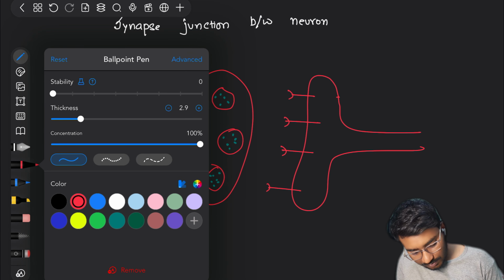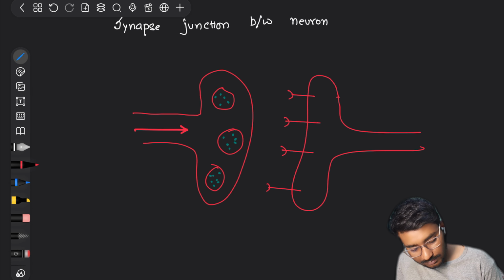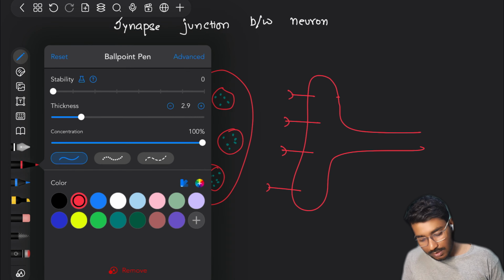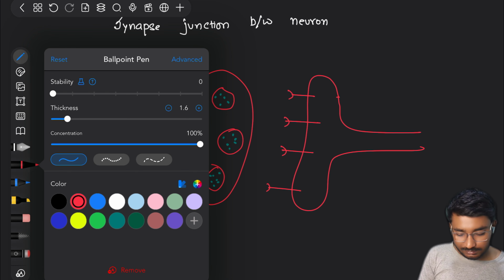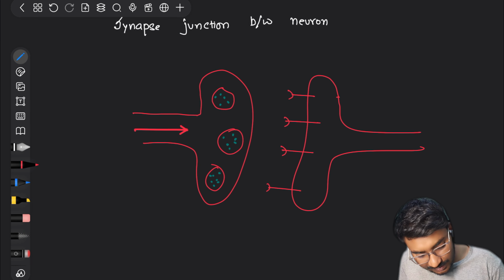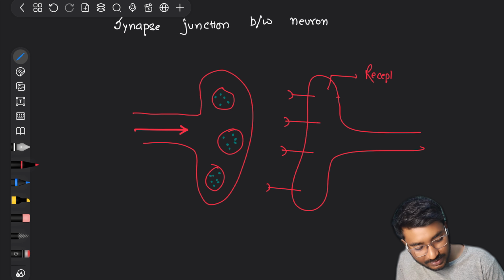So now what happens? These are the spaces for the receptors of the neurotransmitter. Receptors for neurotransmitter.